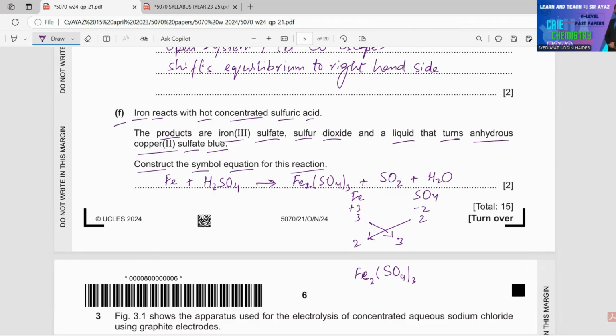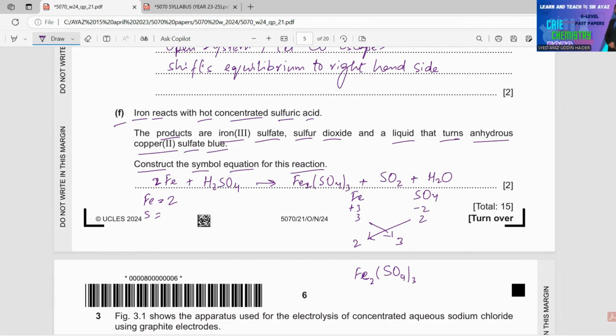Fe2(SO4)3, so I will write 2 before Fe. Iron is balanced. What about sulfate? In order to balance the sulfate, you can't write 3 before H2SO4 because you are also getting sulfur dioxide. So first let's balance sulfur. We have 1 atom of sulfur on the reactant side.